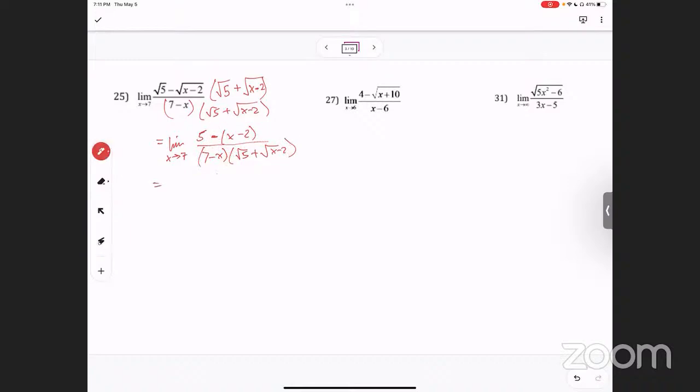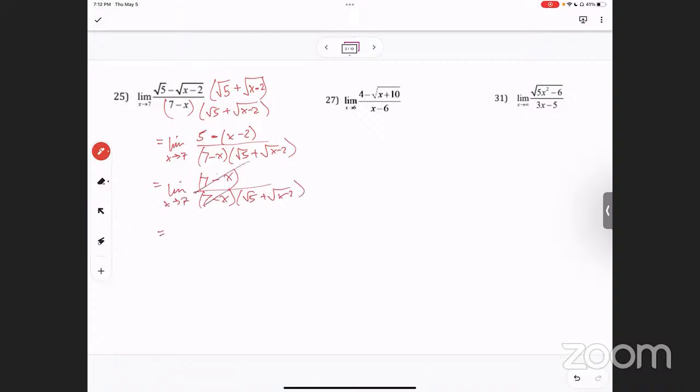And when you distribute that negative, you're going to get 7 minus x, because that's going to cancel. Root 5 plus root x minus 2. That's the limit as x goes to 7.